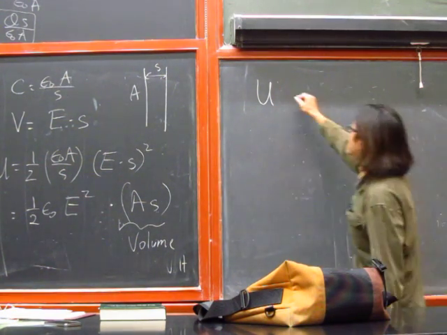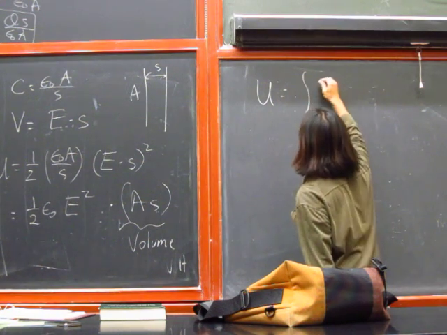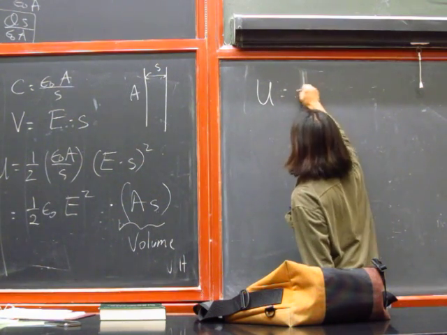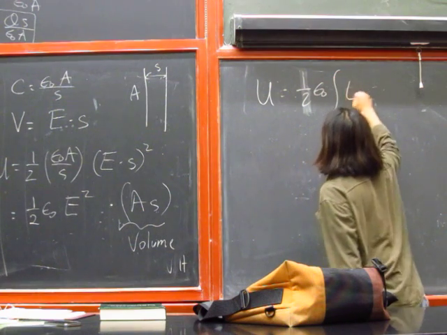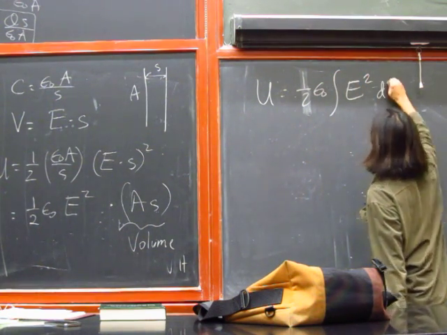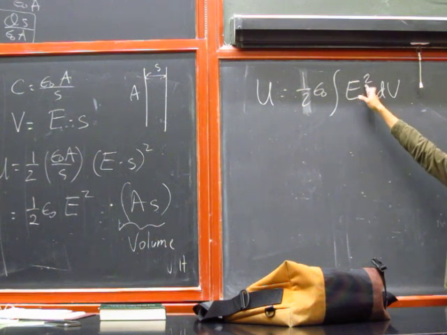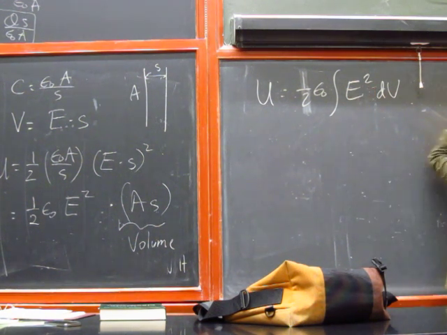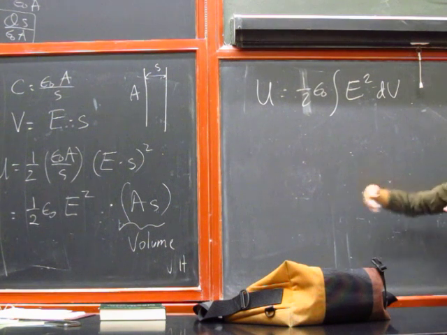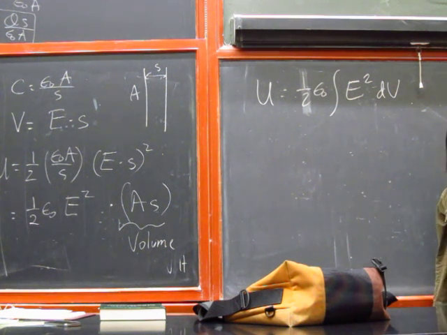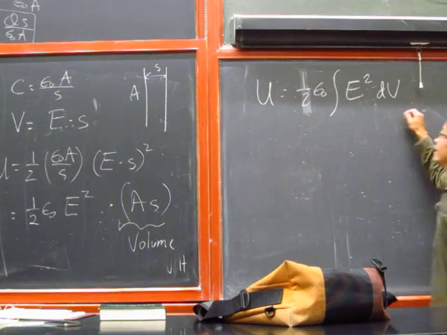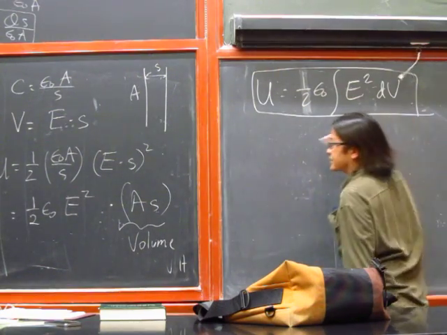The electrical energy density is 1/2 epsilon naught E squared. If I take the square of the electric field and integrate everywhere in space, that gives me my electrical energy, and this is consistent with that.